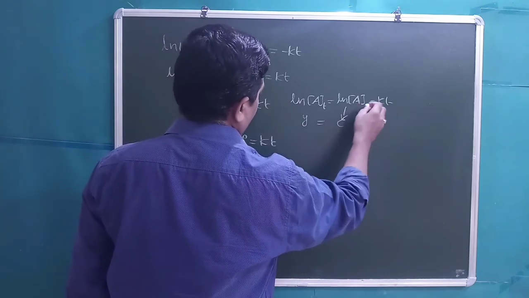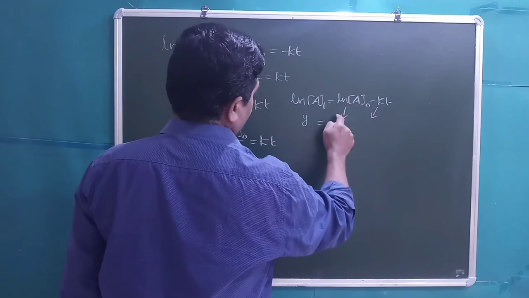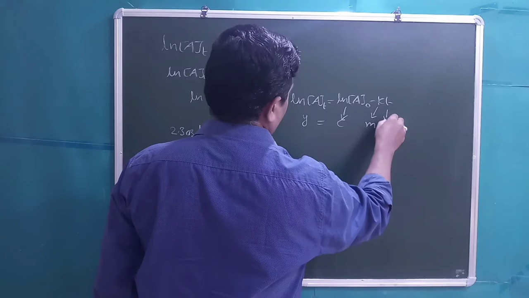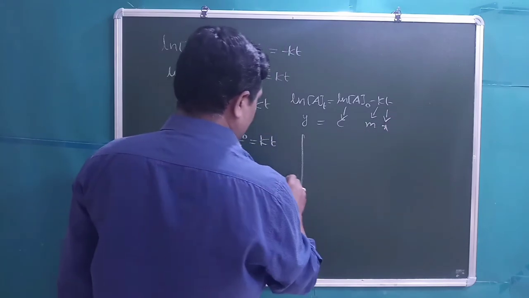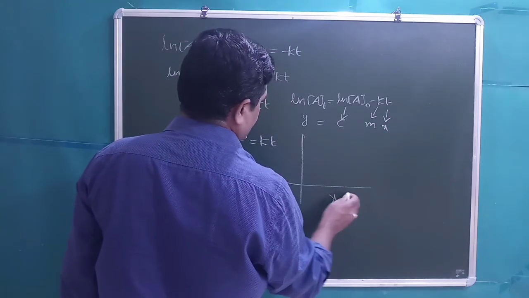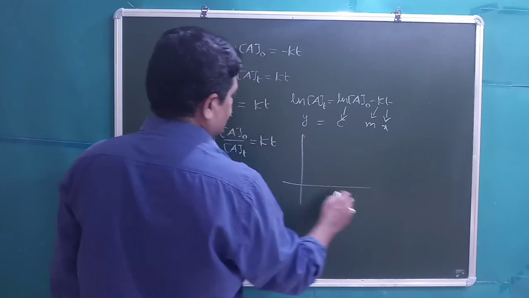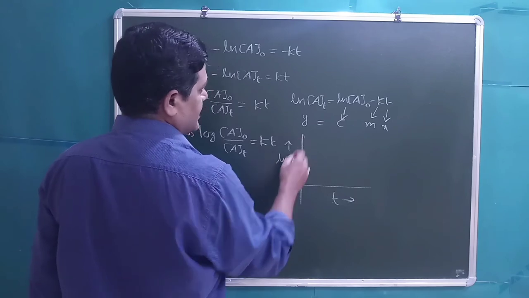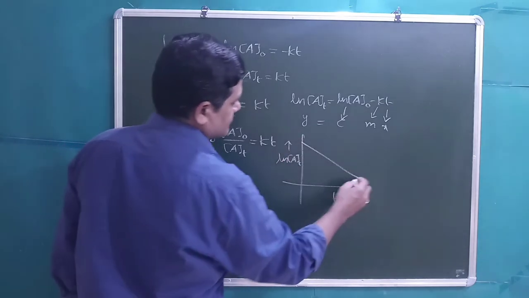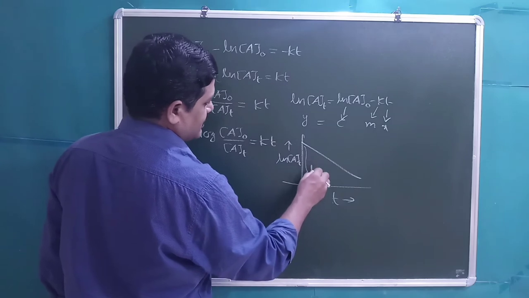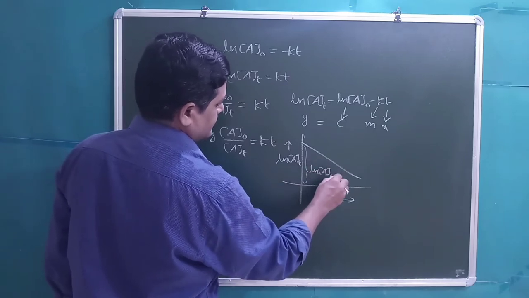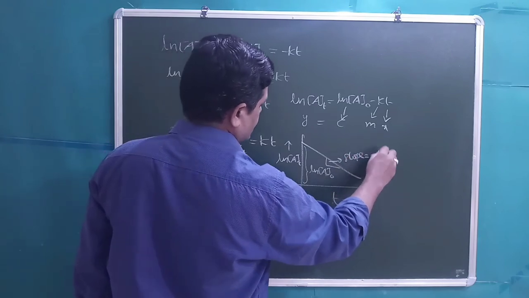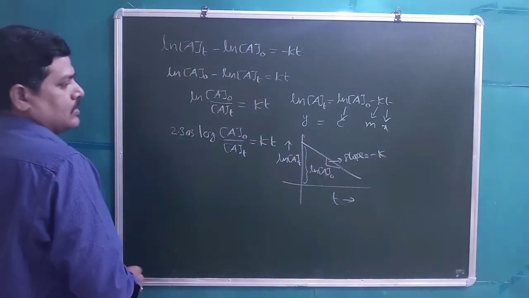Here c is the y intercept, the slope of the line is m, and the x coordinate is t. So by drawing a graph, taking time on the x axis and ln At on the y axis, we get a graph like this with a negative slope. The y intercept is ln A naught and the slope of the line is minus k.